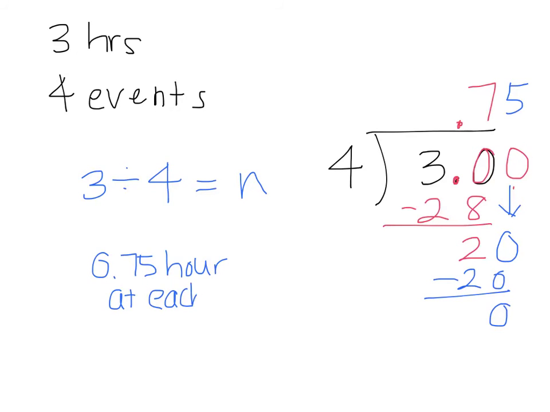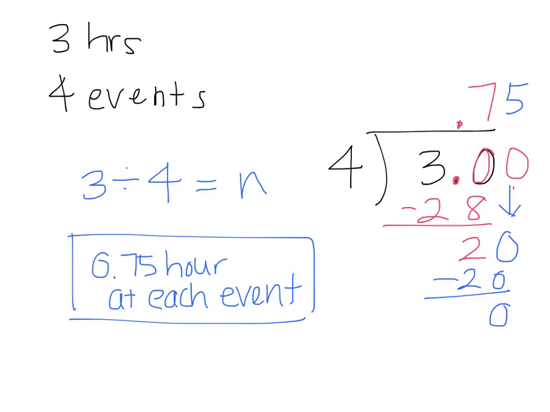So 3/4 of an hour at each event, which would be how many minutes? 45. 3/4 of 60 is 45 minutes. Very good. So she's going to spend 45 minutes at each event at the Special Olympics.